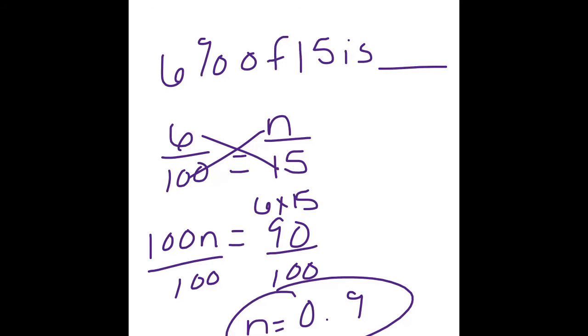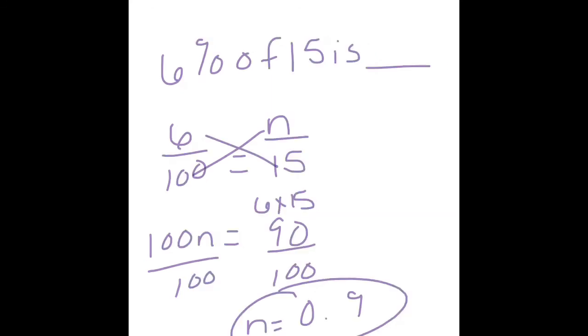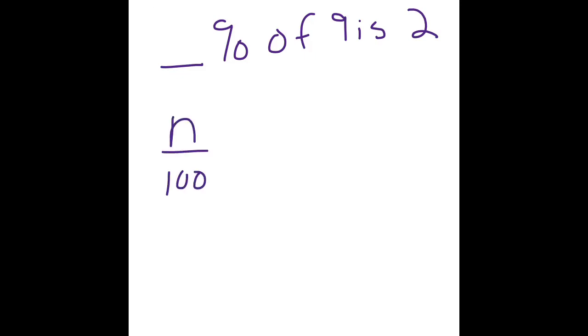All right, one more. So the eighth one is blank percent of 9 is 2. So we don't know, the percentage is missing. So it's going to be n over 100 equals 2 over 9.